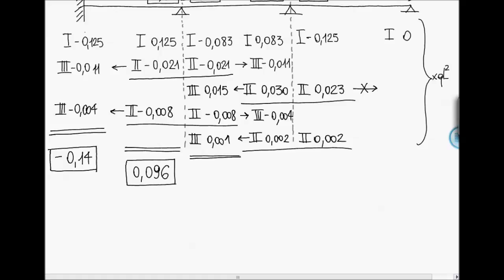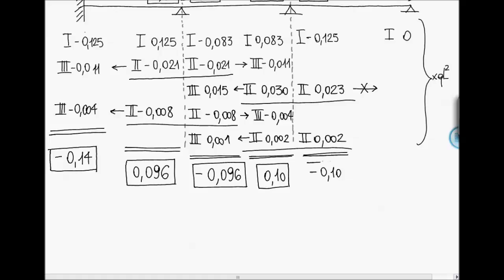On the right, we have a negative bending moment equal to 0.096. On node C on the left, we have a positive bending moment equal to 0.10, and on the right, a negative bending moment equal to minus 0.10. And on node D, we have a null bending moment.